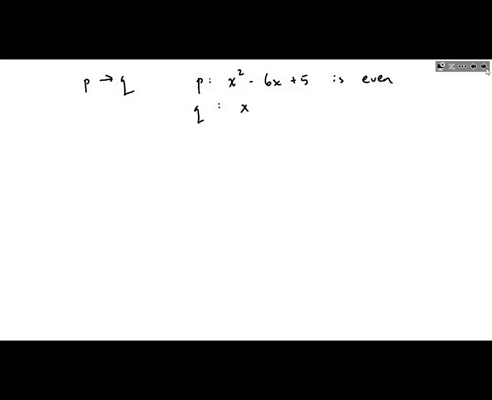Q is x is odd. So my claim is instead of trying to do P implies Q, let's try to do not Q implies not P. So not Q then would be x is not odd, therefore x is even.